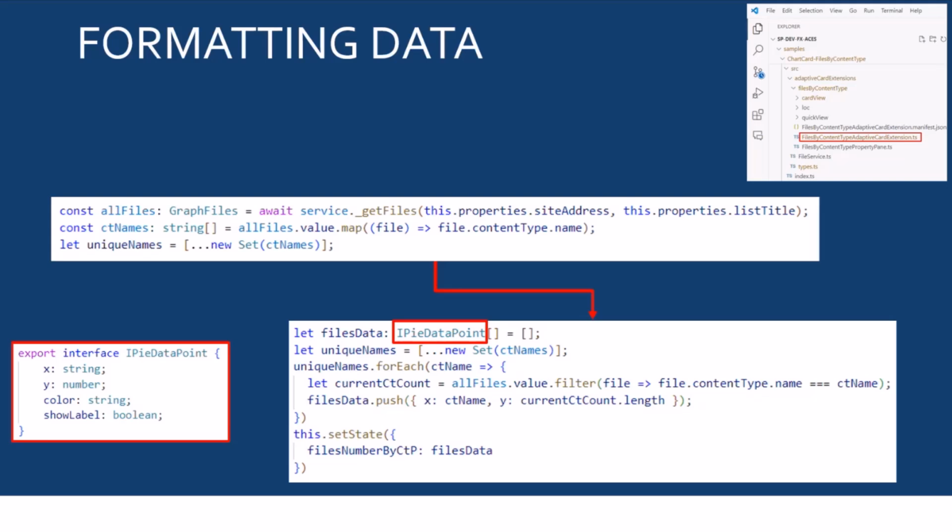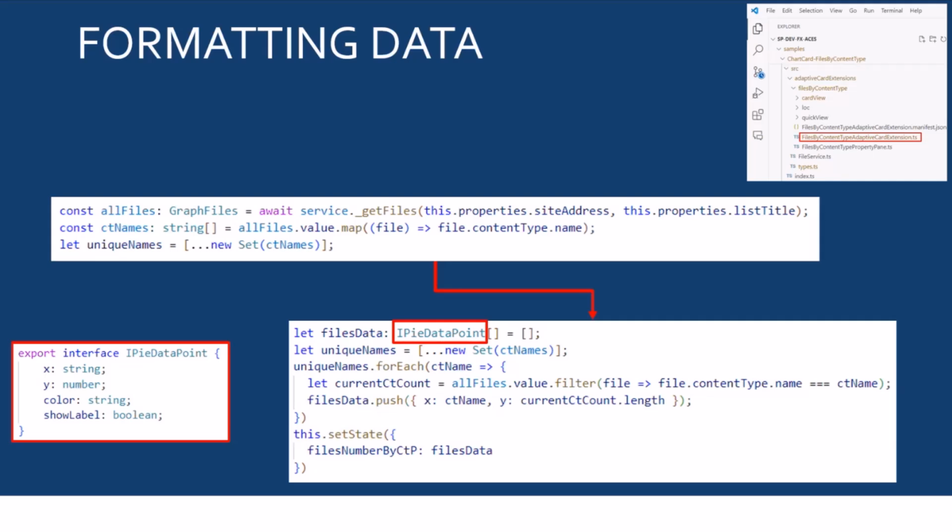We also have the color and the showLabel properties that I won't use in this sample, but basically you can choose the color that's going to be used by the pie chart. And you can also choose to display or not the label of the content type in this sample on the pie chart.